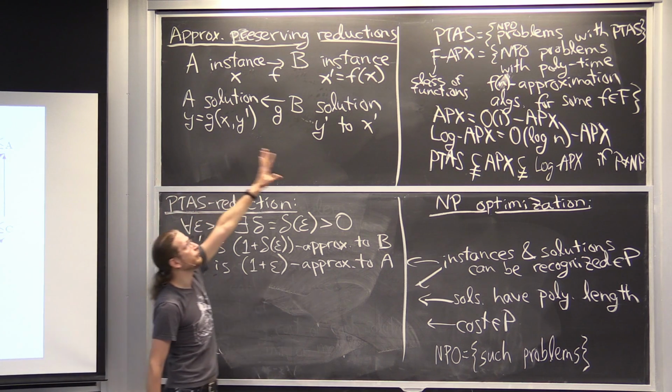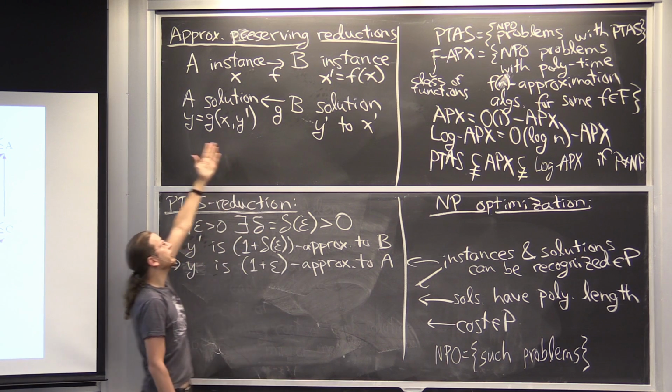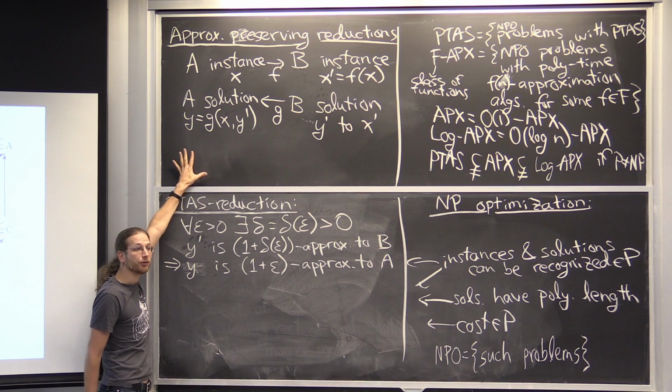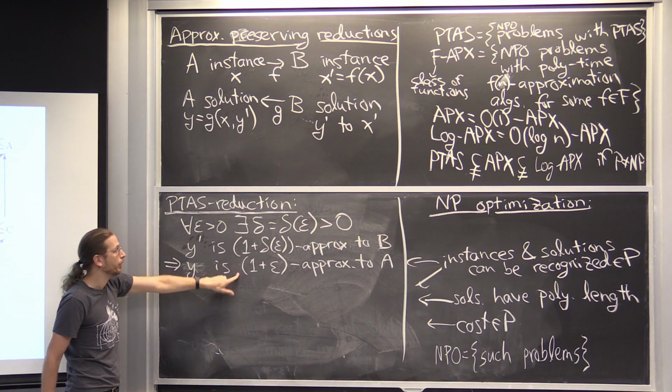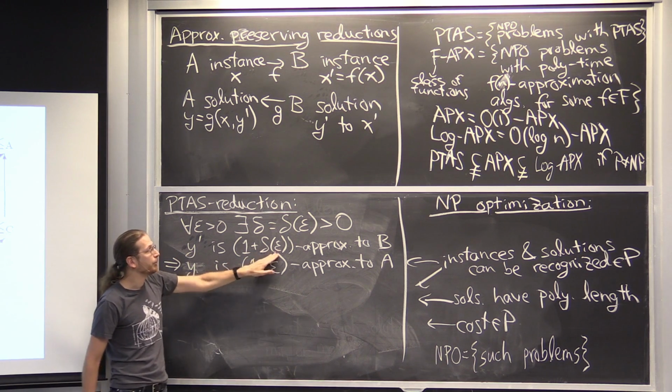So if we have a PTAS for B, we can convert A into B, run the PTAS, get a solution, and come back, and what we want is for it to be a 1 plus epsilon approximation to A. So that's the goal, 1 plus epsilon approximation. And what this is saying is there's some function delta of epsilon.